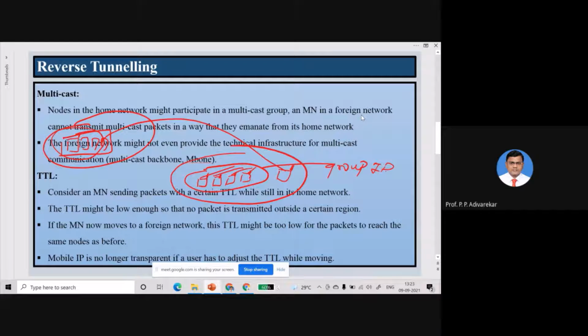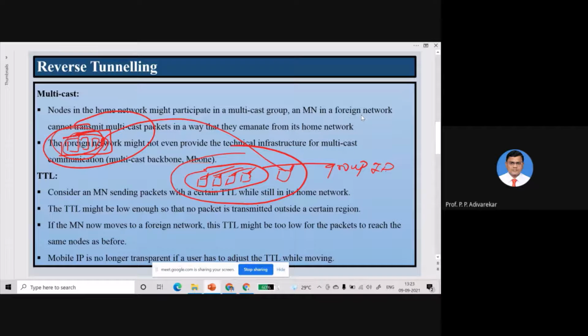So packets delivered to this group will be delivered to these three nodes only, but not to this node, because it is a part of a different subnet now. The COA will not be part of the same subnet used by the home network. That's why packets cannot be transmitted to a mobile node, and the same thing applies in the reverse direction also.